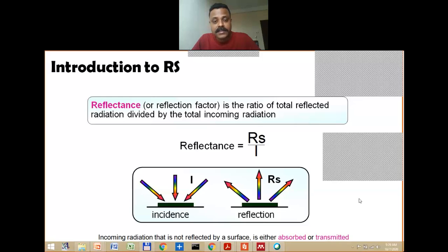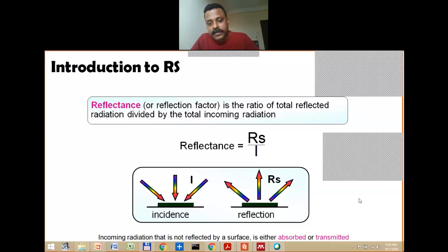Reflectance is the ratio of the amount of light that is reflected from a particular surface to the total amount of light that falls on the surface. You can call it light or you can call it energy, because as you know, light has dual characteristics.